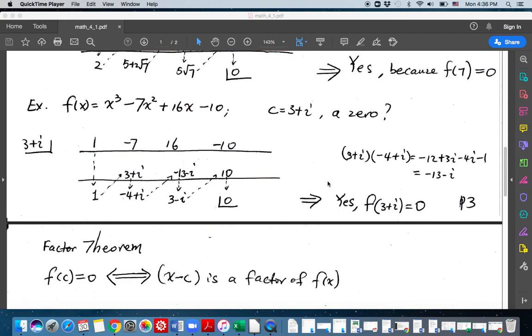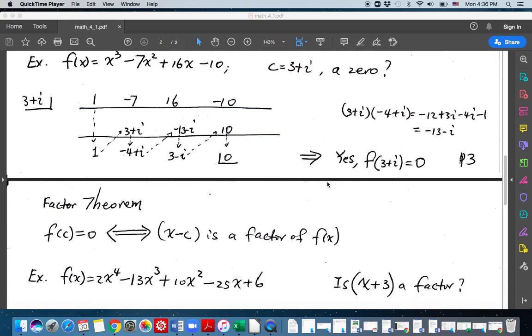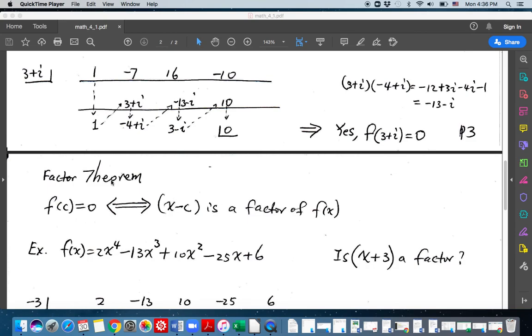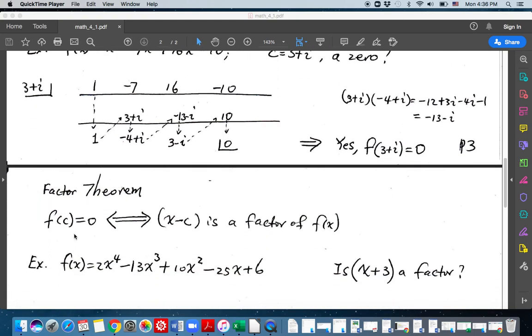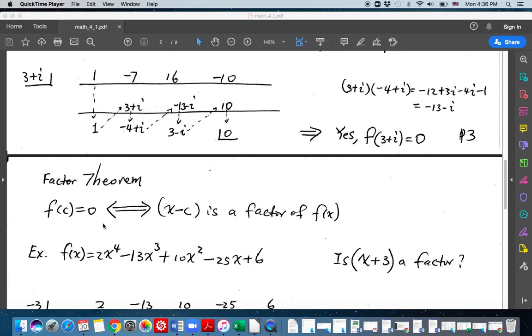Okay, so this is an application of the remainder theorem. A direct consequence of this is that if the remainder is 0, as we have seen from the previous examples, that says the function value at that specific number is 0. That means the divisor x minus c is going to be a factor of that polynomial.